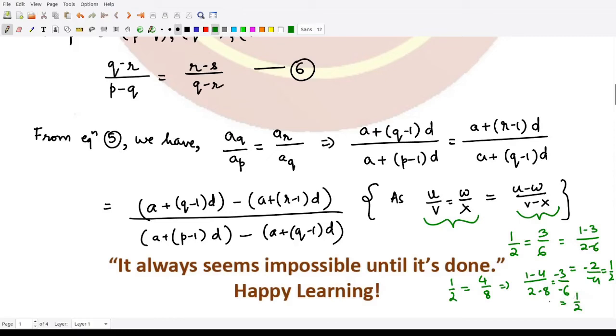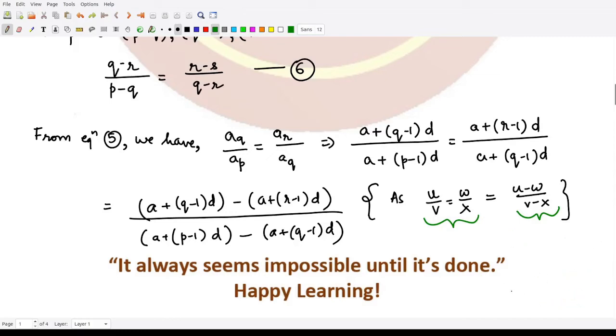So you see, this is always true. You can check it generally also. So we can use this result here, so that the difference of the numerators divided by the difference of the denominators is the same as these two ratios.